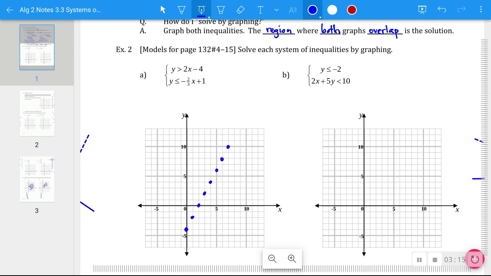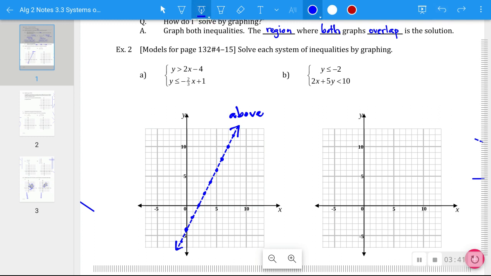And we'll draw a dashed line through this. And we'll make a notation here that we're supposed to be above this line. So if this was all there was, we would be shading over on this side, above the line.